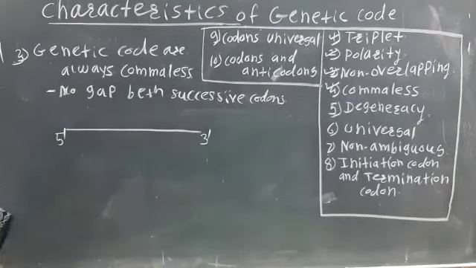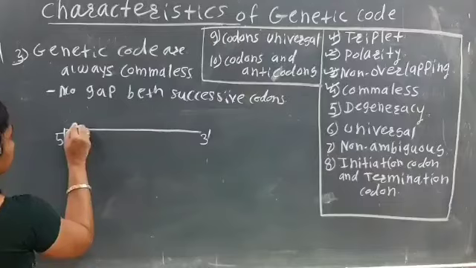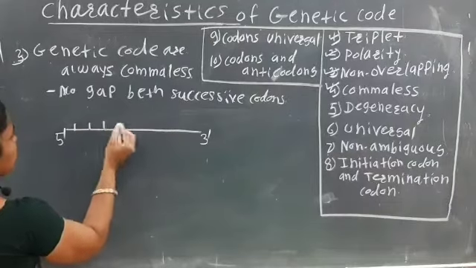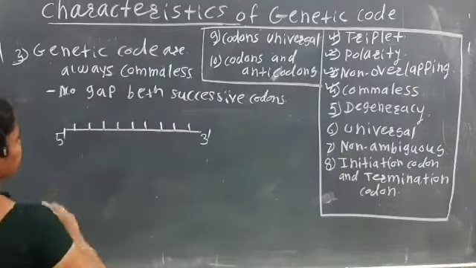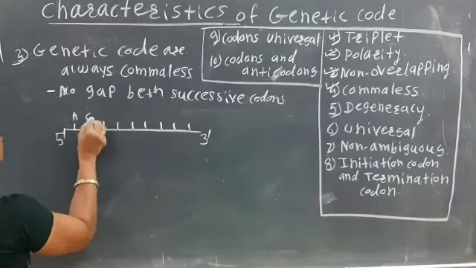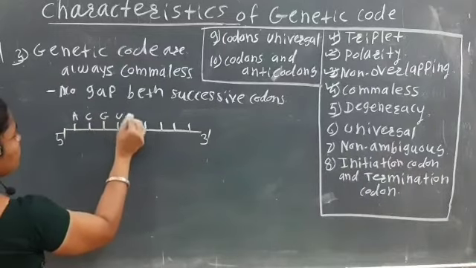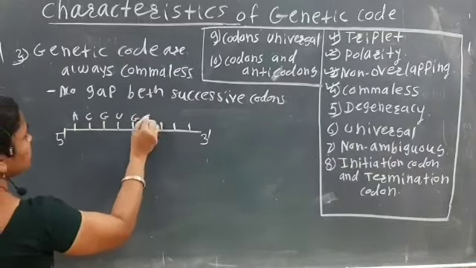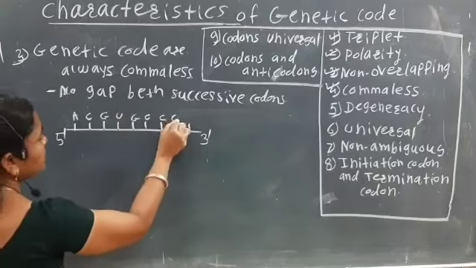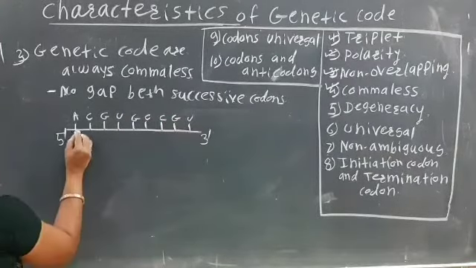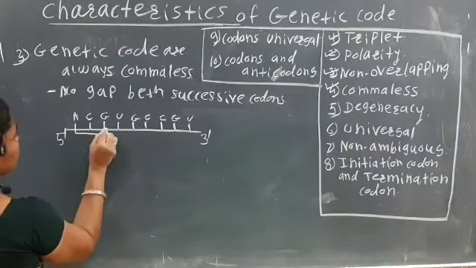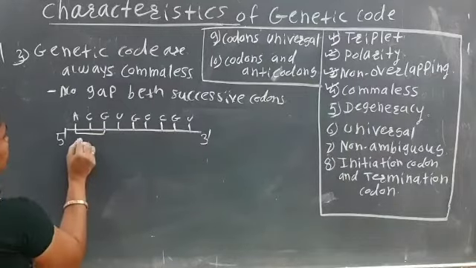Okay, so in the genetic code, see here, the codons are like this: A, C, G, U, G, C, C, G, U. So these are the genetic code. Here the 3 successive nitrogen bases are one codon.